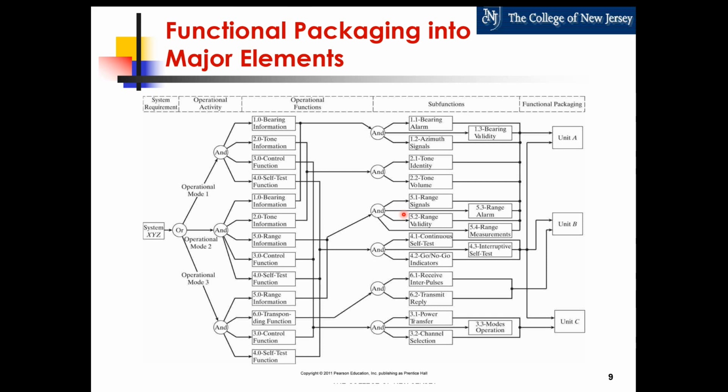So part of this preliminary design, a most important activity that we started in chapter 3, is the packaging of the major elements of the system into logical and physical units.